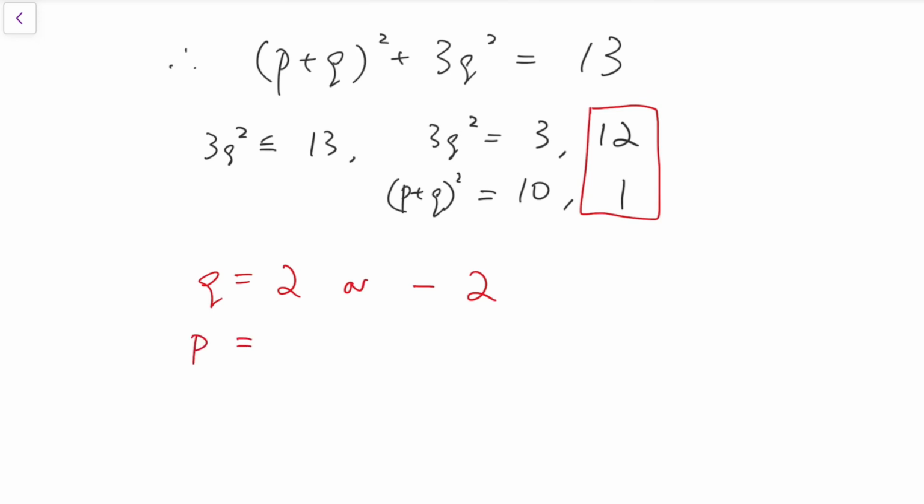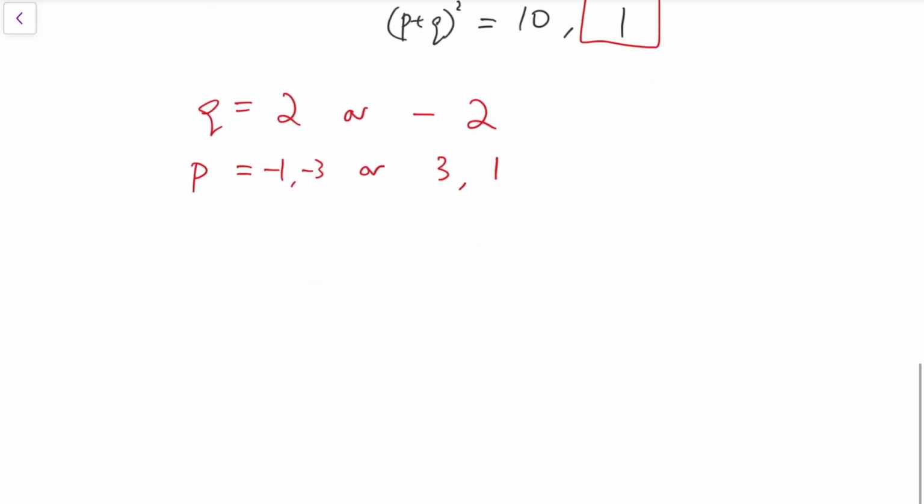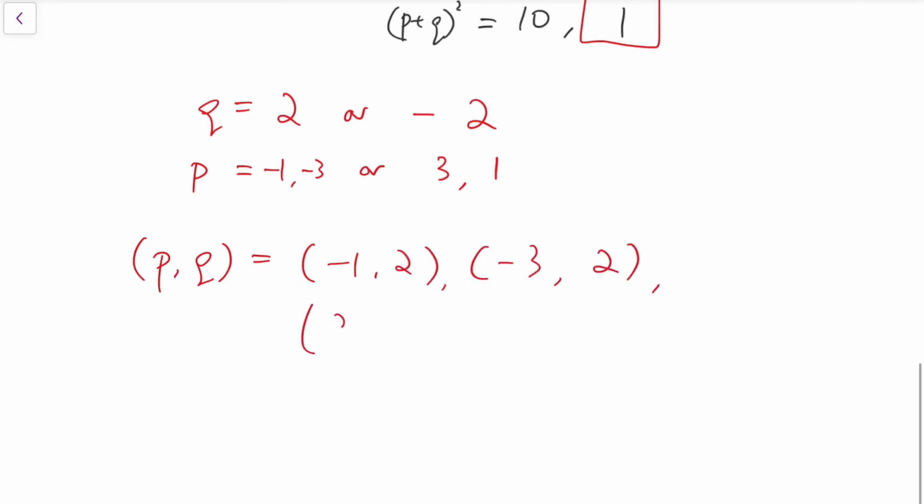When q equals 2, we either have p equal to minus 1 or minus 3. Or when q is minus 2, then p is either 3 or 1. So therefore, (p, q) have these 4 possible cases.